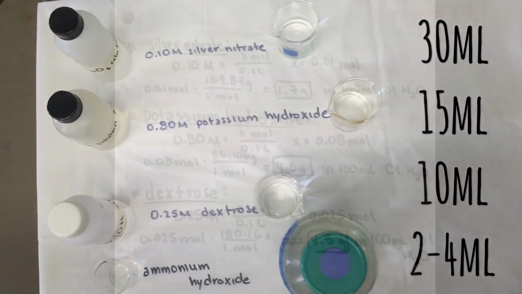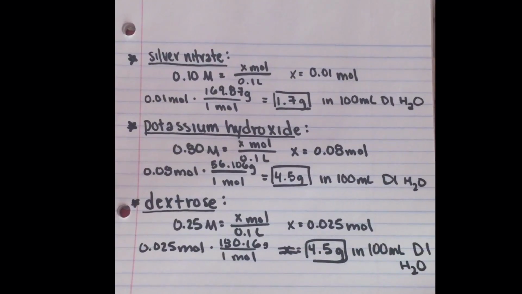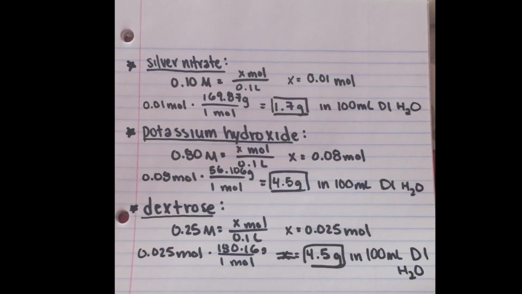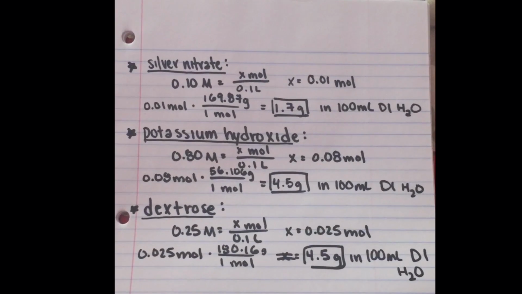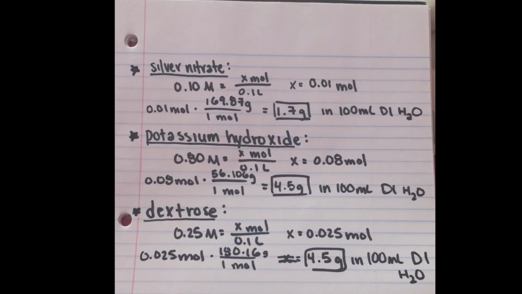These are some calculations done to figure out how many grams of each ingredient was needed in 100 milliliters of DI water. This would be a good time to pause the video to gather all of your ingredients and equipment.